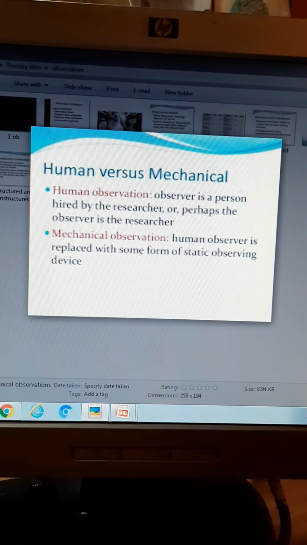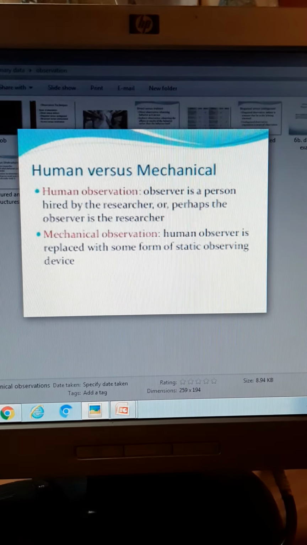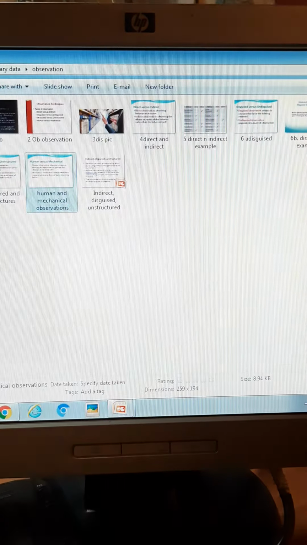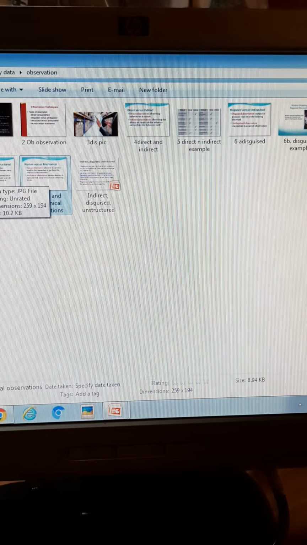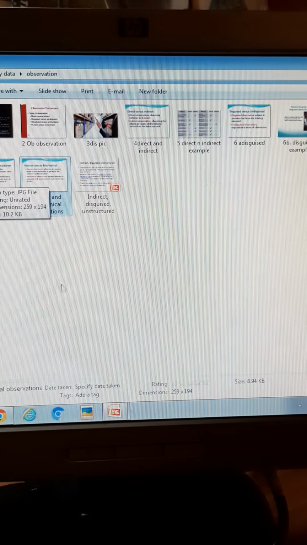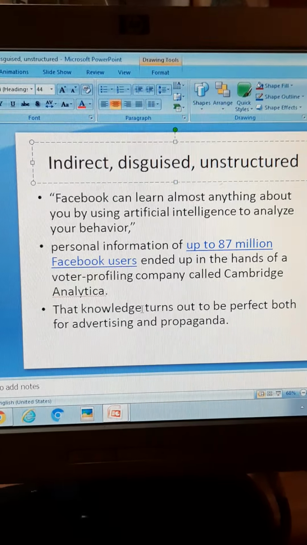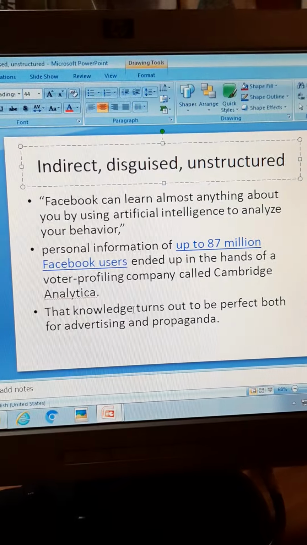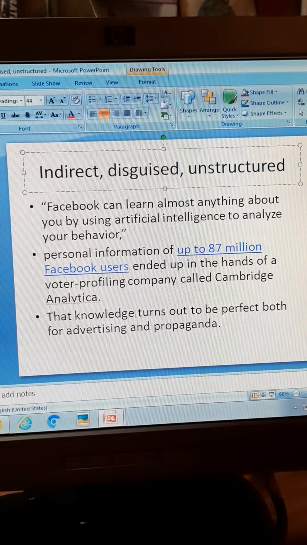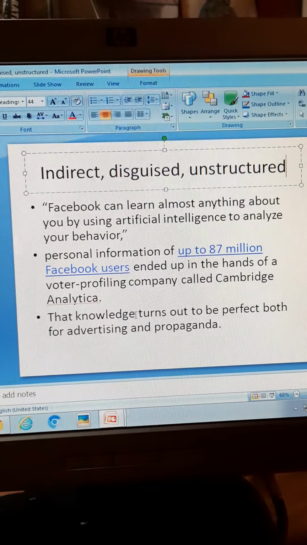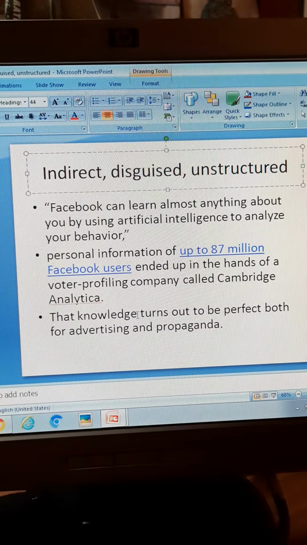In our case today, Facebook and Google are all supposed to be mechanical observation. In fact, if you look at the case of Facebook, this is what actually happened. Facebook can learn almost anything about you by using artificial intelligence to analyze your behavior.